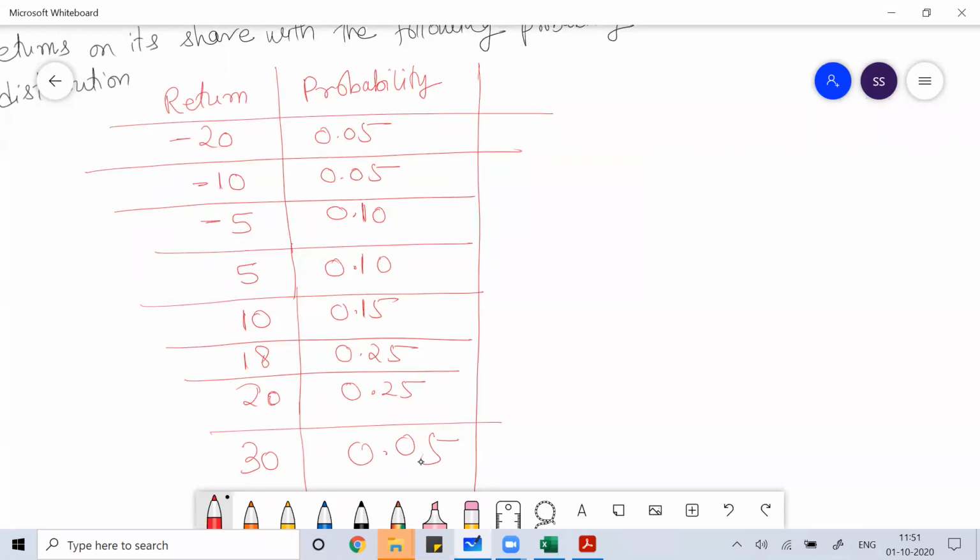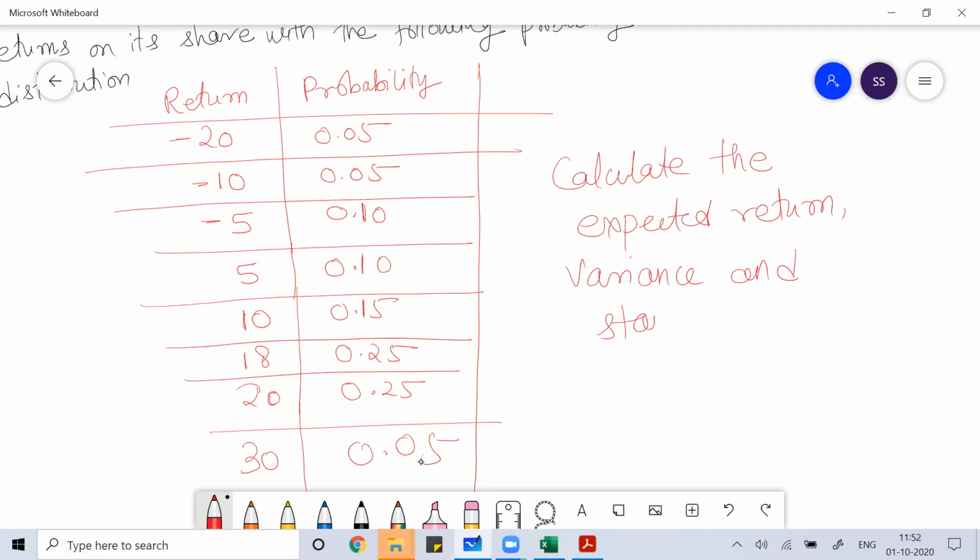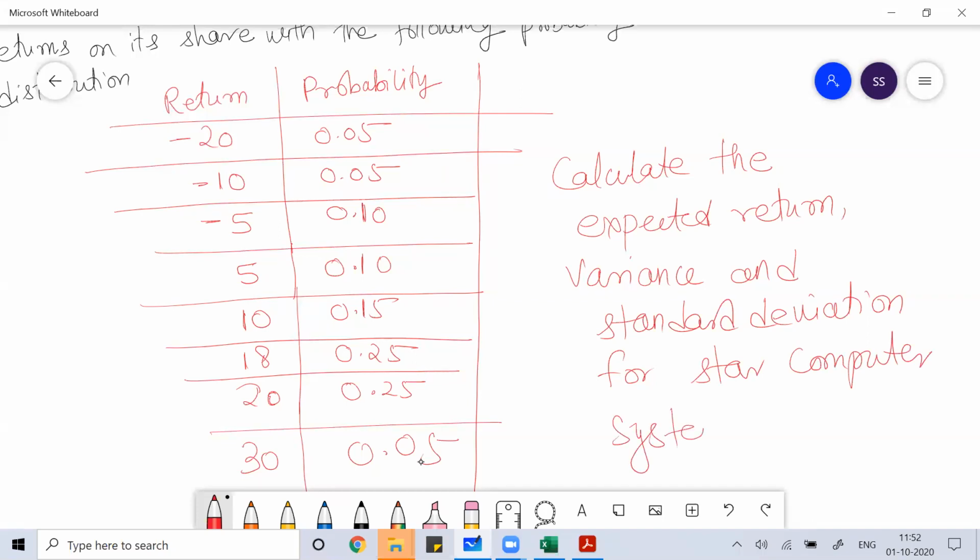What you need to calculate is the expected return, variance and standard deviation for Star Computer System Limited. Everyone do this question, everyone do it fast.